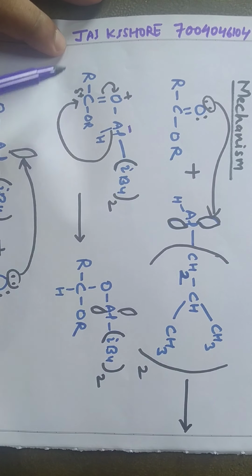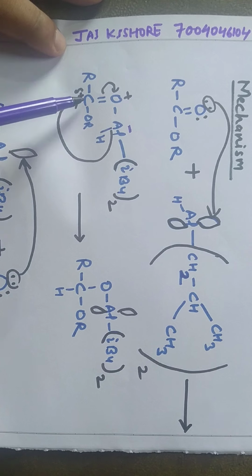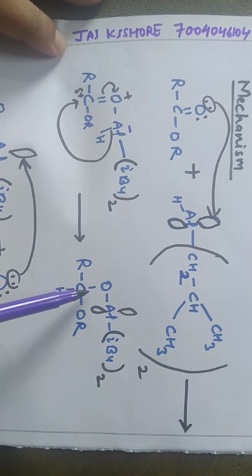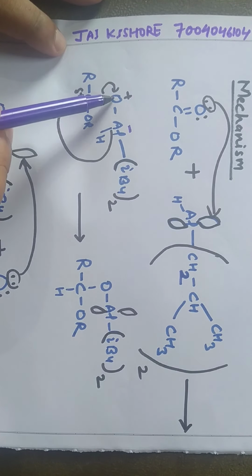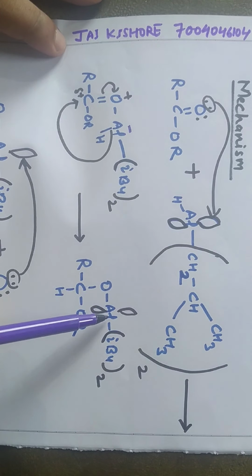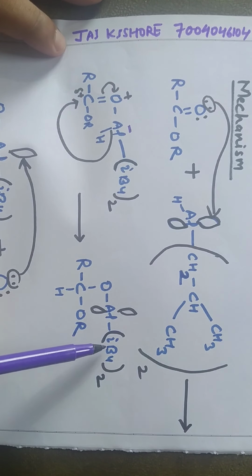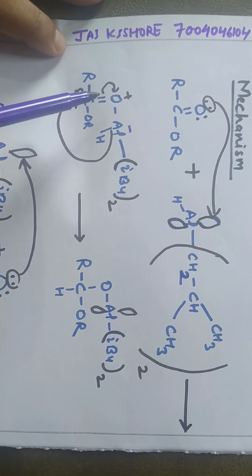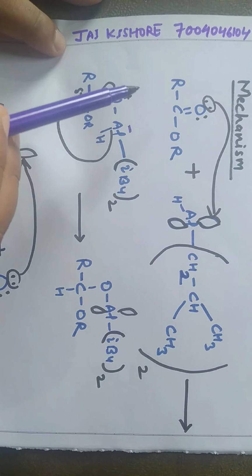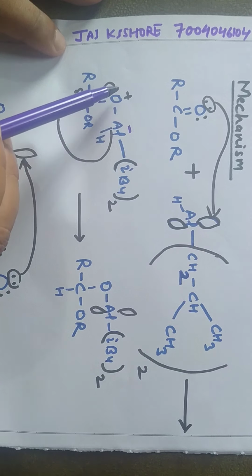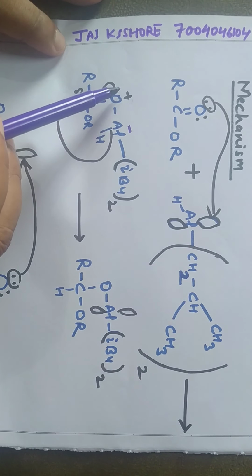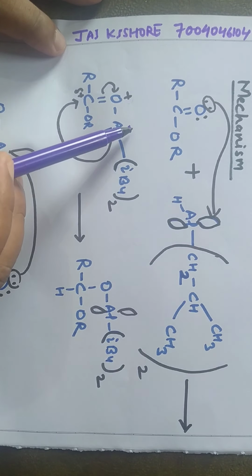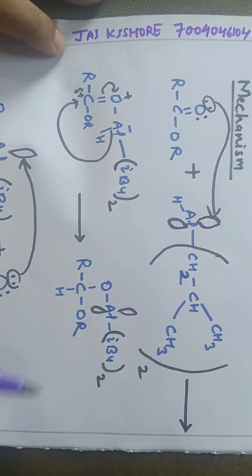You can see here that this carbon is attached with a hydrogen atom. Now we have R, C, O, R and H, and this carbon is attached with this oxygen, and this oxygen is attached with this aluminum and the di-isobutyl groups. Here oxygen was positively charged, now it becomes neutral, and the aluminum's charge is also neutralized. Now after that, what happened?